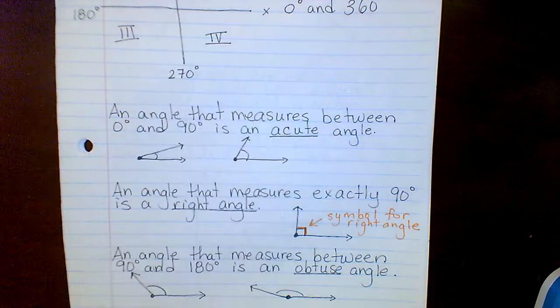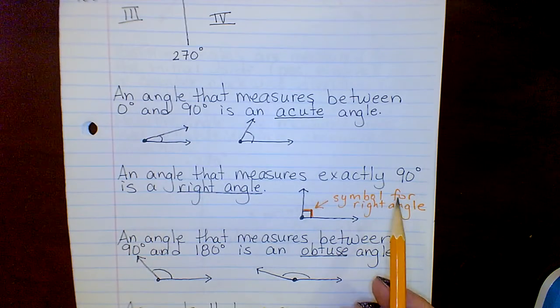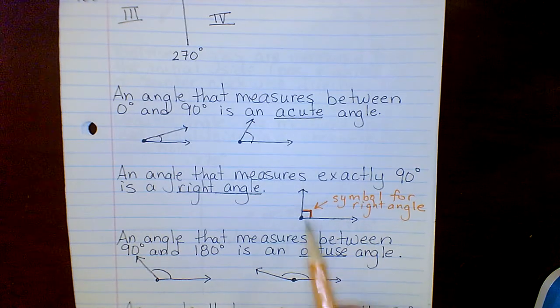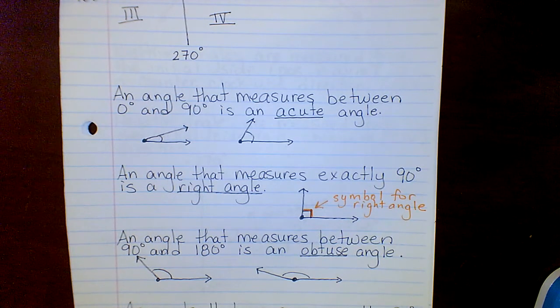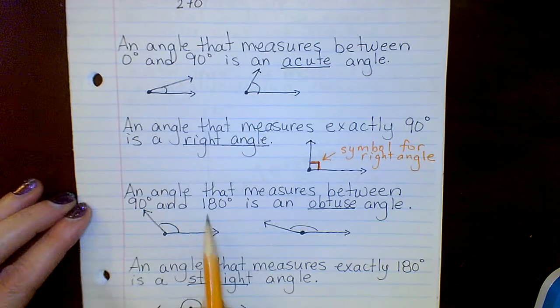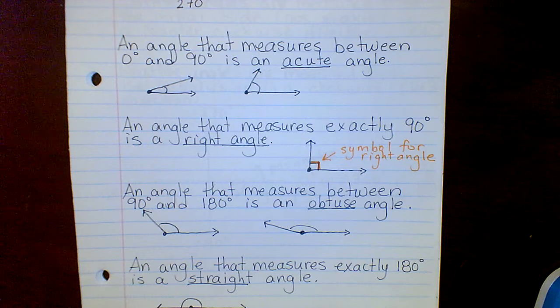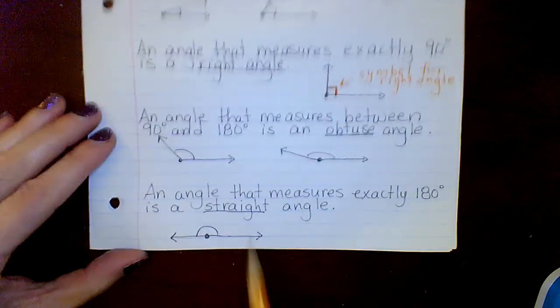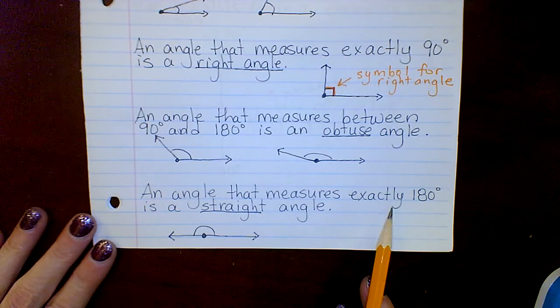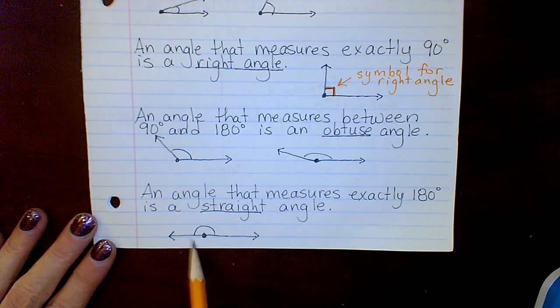As we sit up here, an angle that measures exactly 90 is a right angle. And that little symbol is a symbol for a right angle. An angle that measures between 90 and 180, that's called an obtuse angle. And then an angle that measures exactly 180 is called a straight angle because, well, it's a straight line.